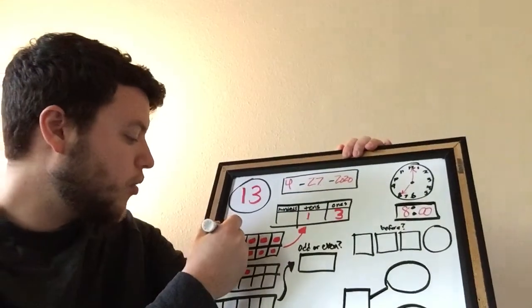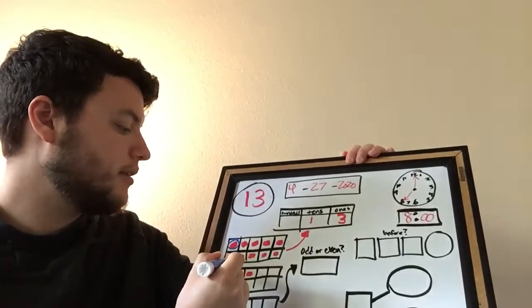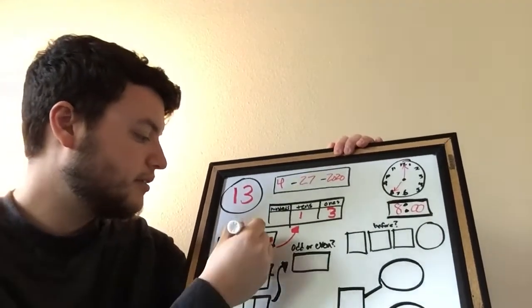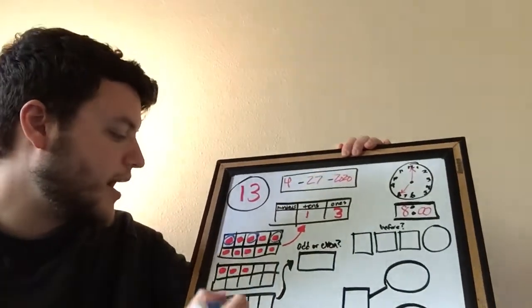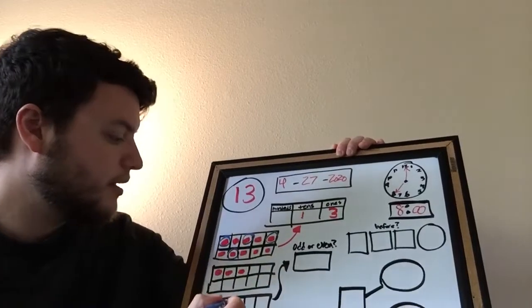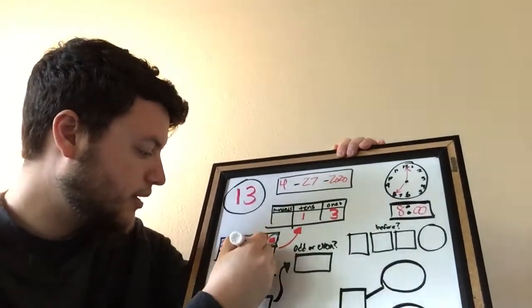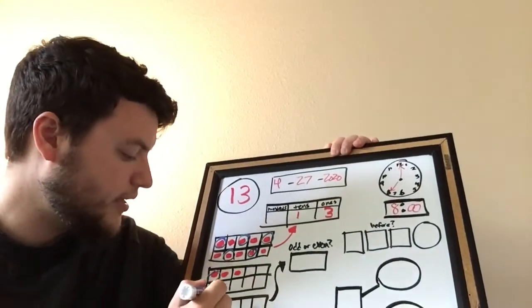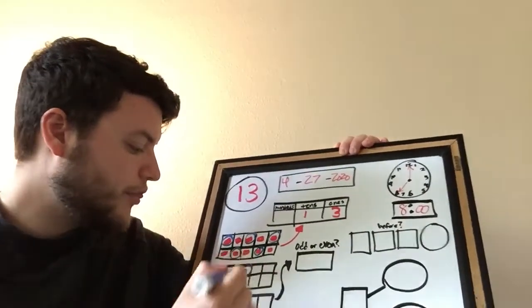So 1 is odd. 2, I skip. 3, circle. 4, skip. 5, 6, skip. 7, circle. 8, skip. 9, circle. Skip 10. I jump to 11, skip 12, 13.